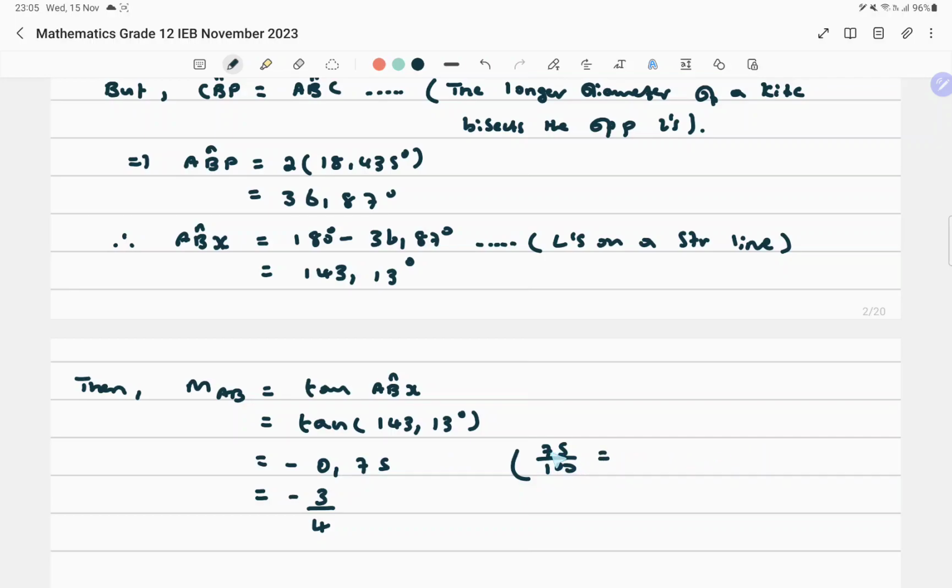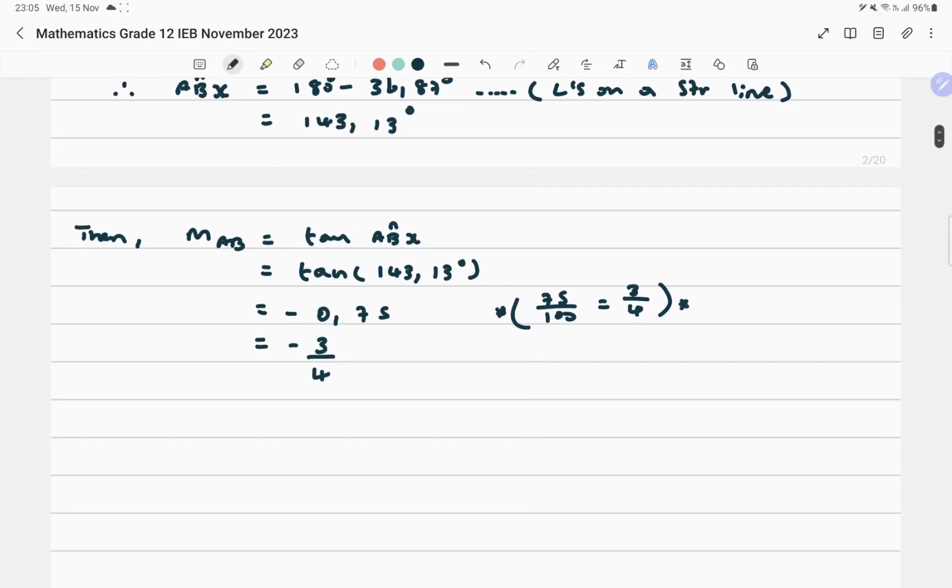Then you ask yourself, what is common to 75 and 100? It's 25. 25 into 75 goes 3 times, into 100 goes 4 times. So you need to be able to do these kinds of things, guys. Sometimes your calculators are spoiling you because they make life easy for you. But anyway, that's fine.